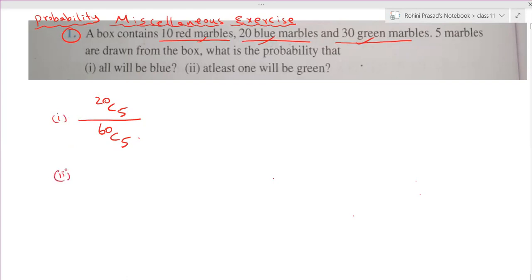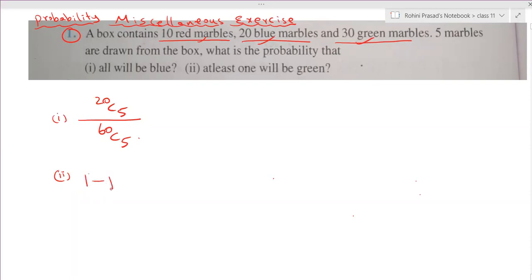Next, the second one. At least one will be green. At least one will be green means 1 minus the probability that none of them will be green.